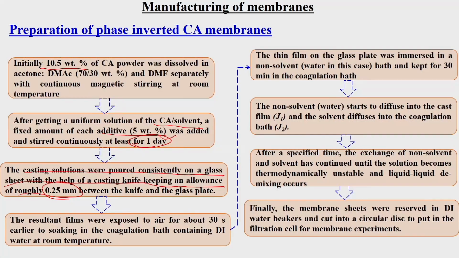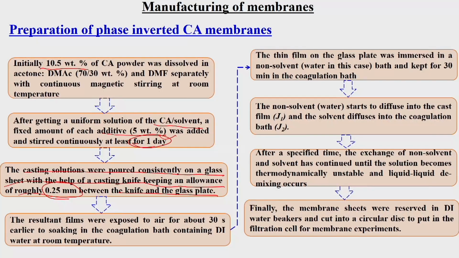So we need to keep that gap. Then the knife is moved from one side of this glass plate to the other side. The resultant films were exposed to air for about 30 seconds prior to soaking in the coagulation bath, a bath containing deionized water at room temperature.